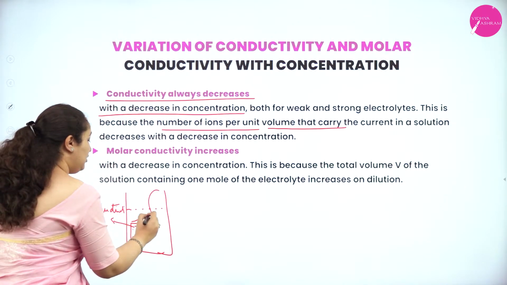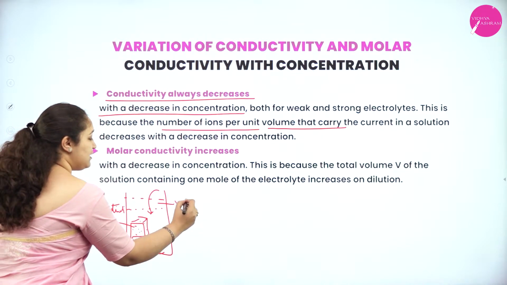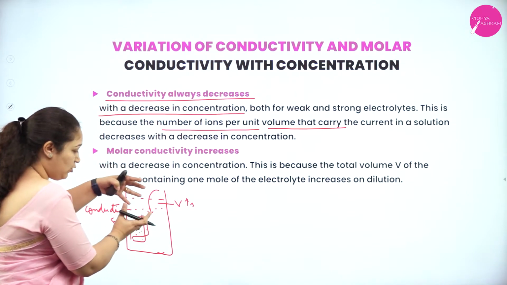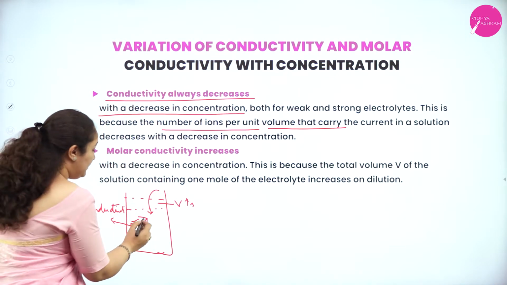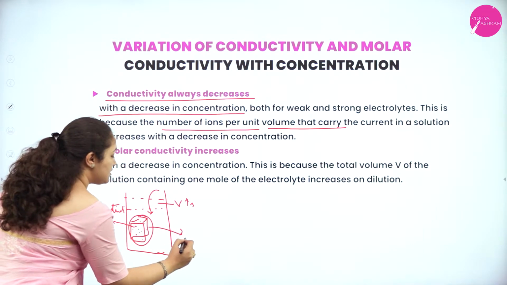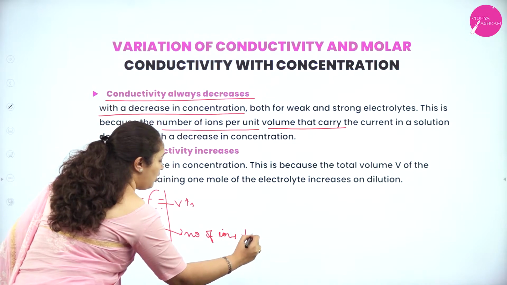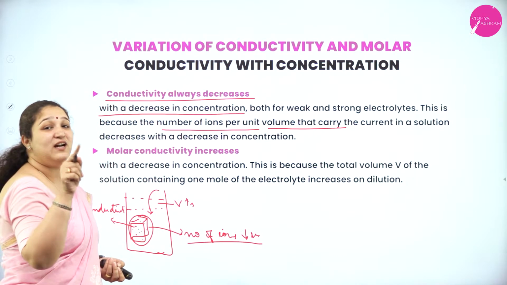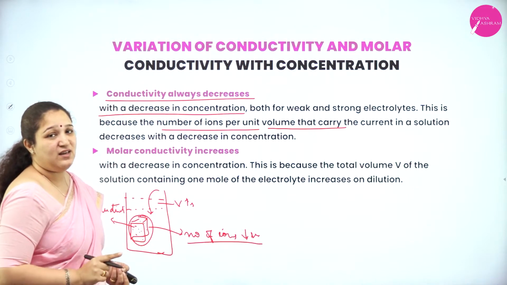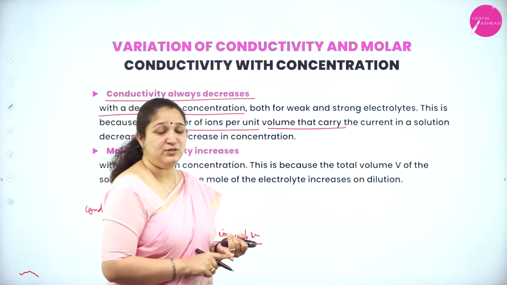Now, when I dilute this, the volume will increase. Correct? Volume increases, that means the ions will go still farther apart. When they go farther apart, the number of ions in unit volume decreases, and because of that, the conductivity will decrease. Got it? Why does conductivity decrease on dilution?